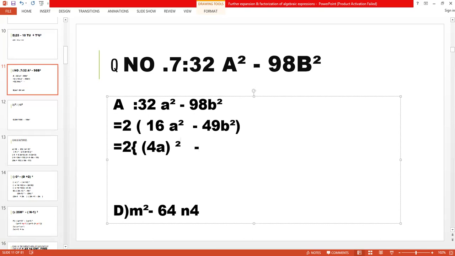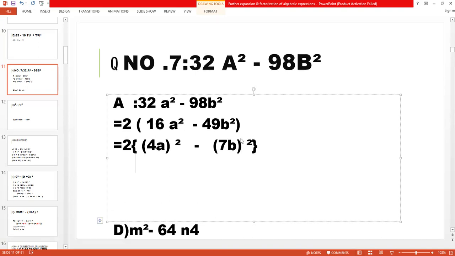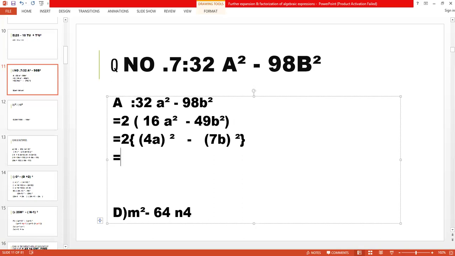Next, we have minus 49. Which number do I have to multiply 2 times to get 49? That is 7b. This shows 7b multiplied by 7b is equal to 49b square. So now I have to close with a curly bracket. Now, one time I have to add, and one time I have to subtract the second term only, not the first term. The first term will remain 4a.